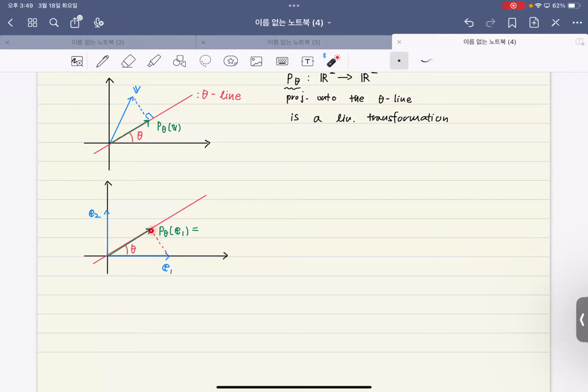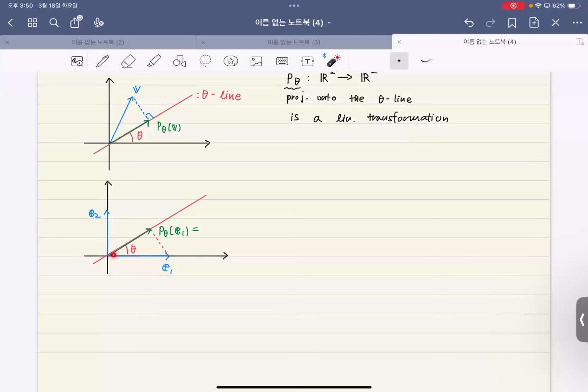Well, clearly this vector is some scalar multiple of (cosine theta, sine theta), right? And now, what really matters is the magnitude of this vector. So what is the length of this vector? Well, we know the length of this one is 1.